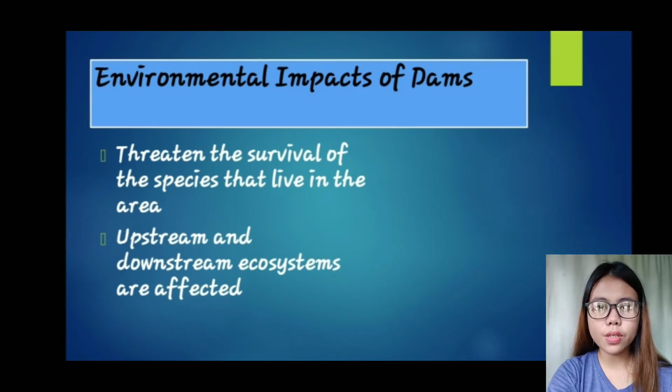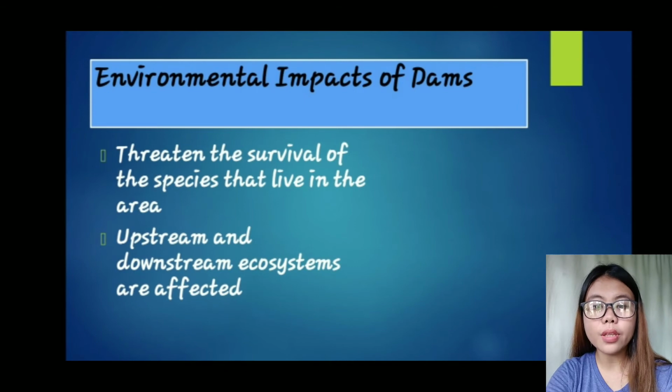Dams threaten the survival of the species that live in the area. Changes in the timing and flow of the rivers can create conditions which threaten the survival of the species that have evolved to live there. Any alteration in the structure and composition of the river can have disastrous effects on the surrounding species, in many cases leading to extinction. Downstream habitats are also severely impacted by changes in salinity and oxygen.